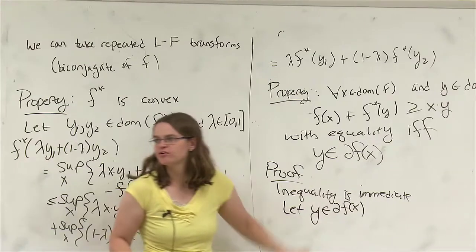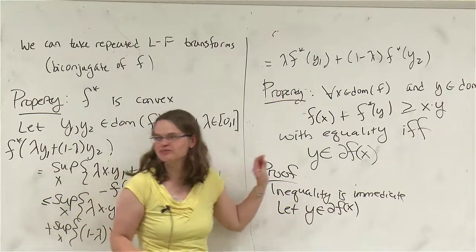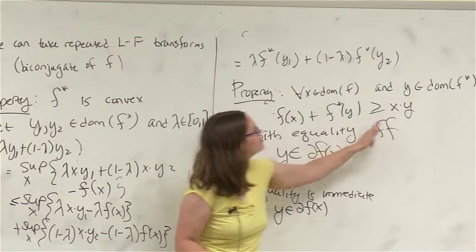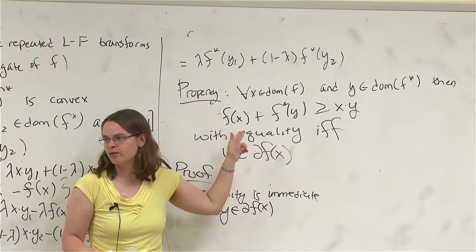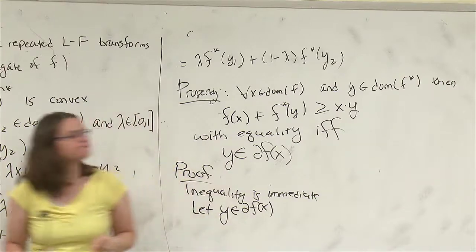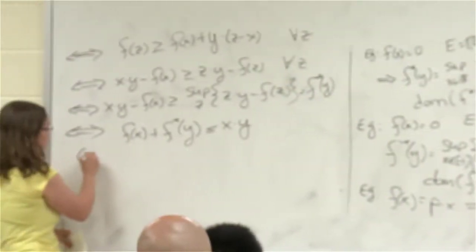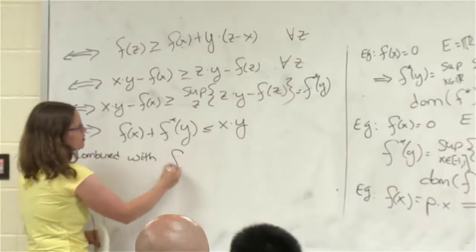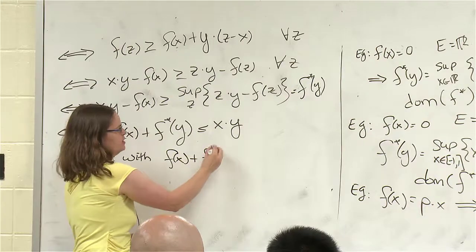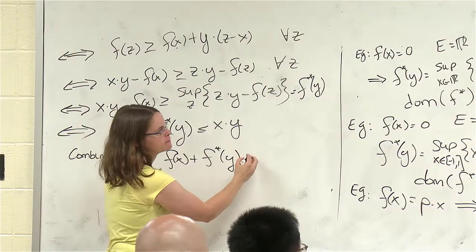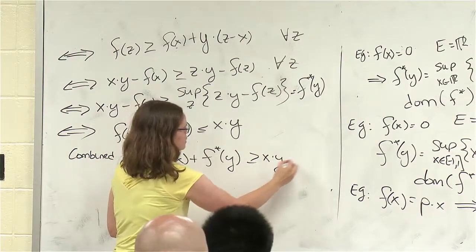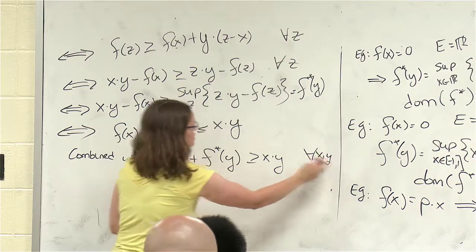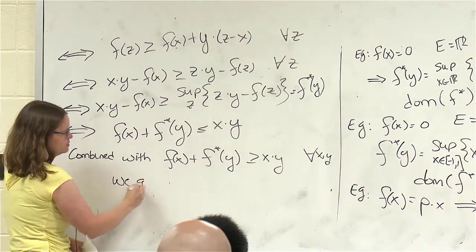And I see your eyes all darting over here, which is good. That's where they should be darting. You're recalling that this is automatically true no matter what x and y I pick. So combined with the opposite inequality that we always had, for all choices of x and y, we get the equality.